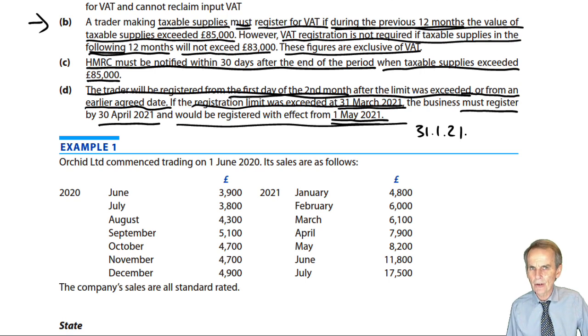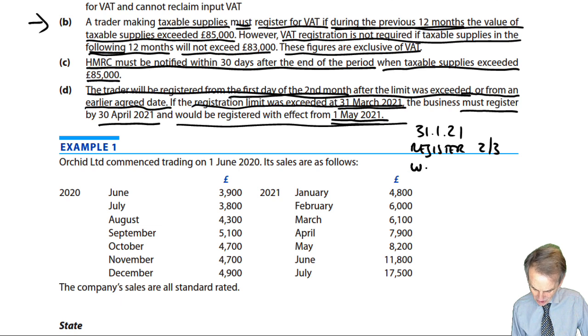Famous, of course, for not having 30 days. Even in a leap year, it doesn't have 30 days. So 31st of January 21, that means, of course, that you'd have to register within 30 days. Well, for 2021, we've got 28 days in February. So 28 plus 2, so you'd have to register by the 2nd of March.